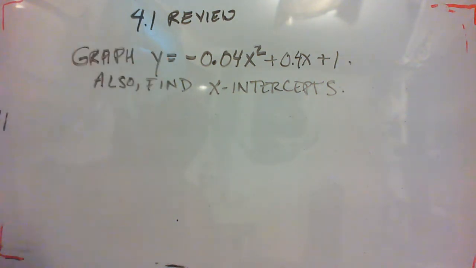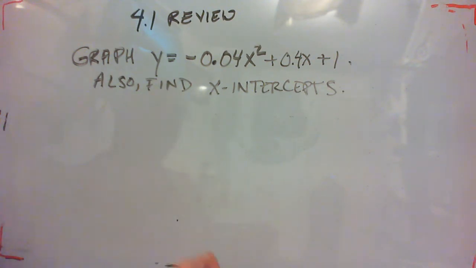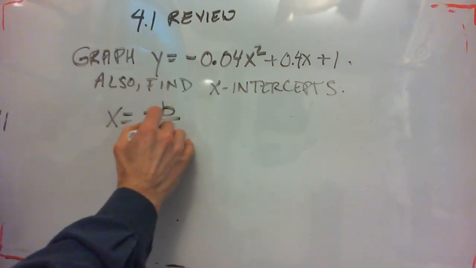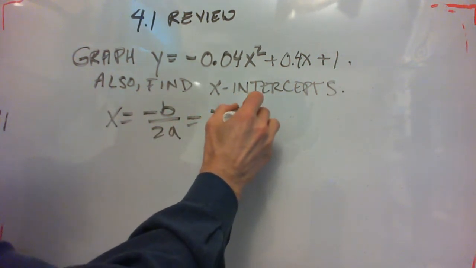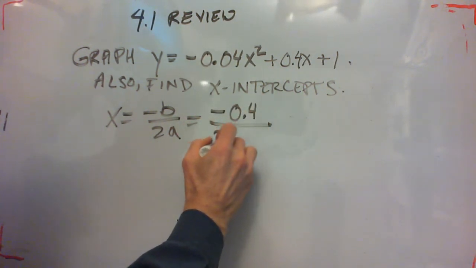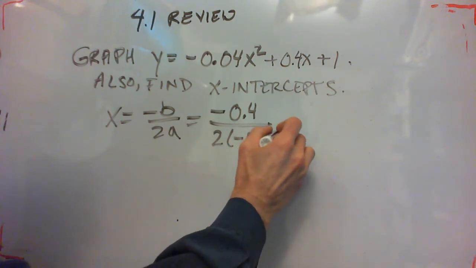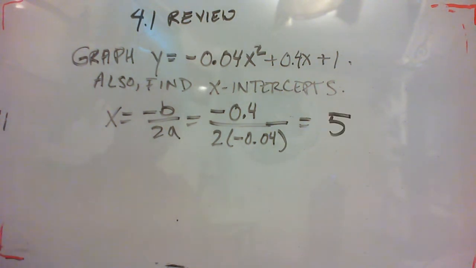The homework says use the vertex formula, and that is the best way of identifying the vertex. The vertex is at x equals negative b over 2a, which in this case is negative 0.4 over 2 times negative 0.04. When we put that in our calculator, we end up getting 5 for x.